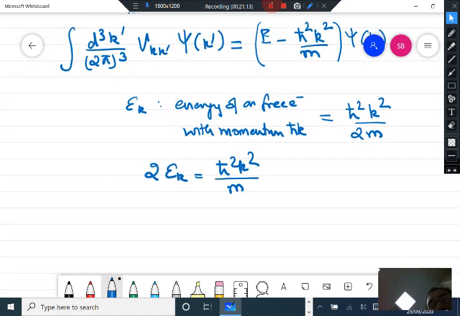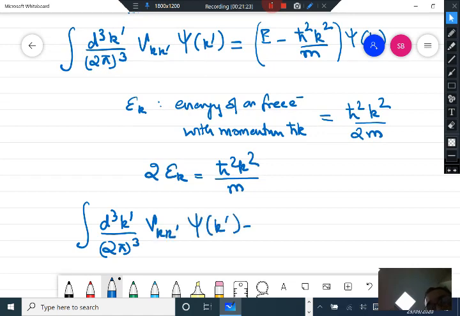So again, your above equation I can rewrite as integral d cube k prime by 2 pi cube v k k prime psi k prime is equal to E minus 2 Ek psi k.